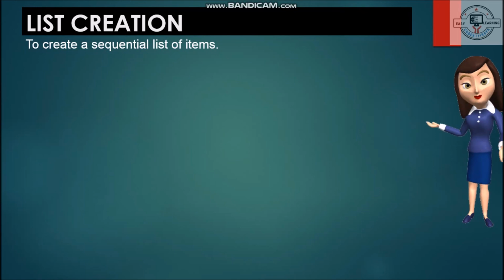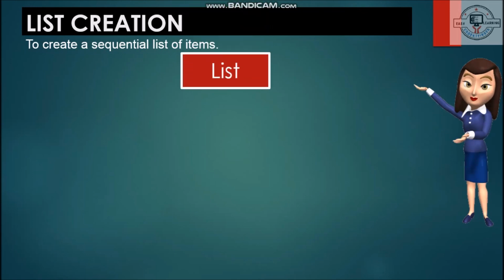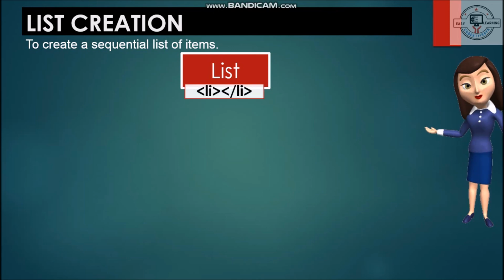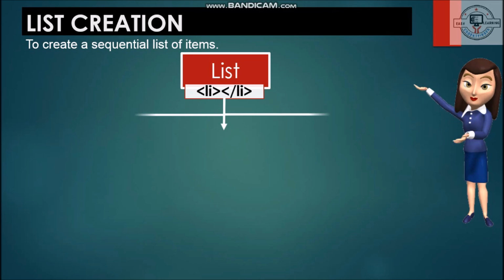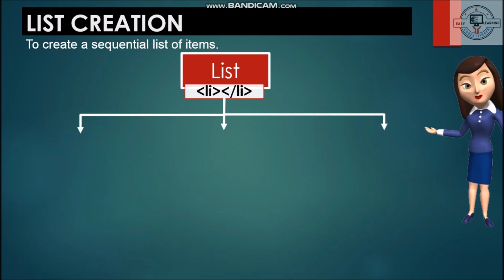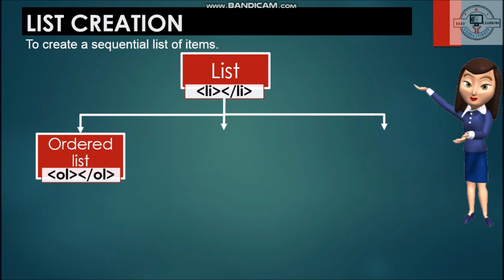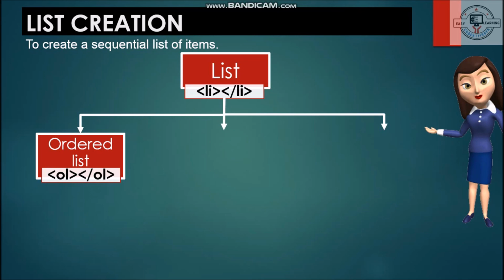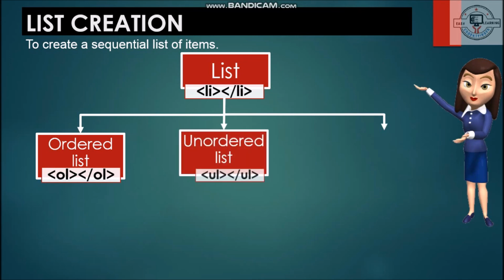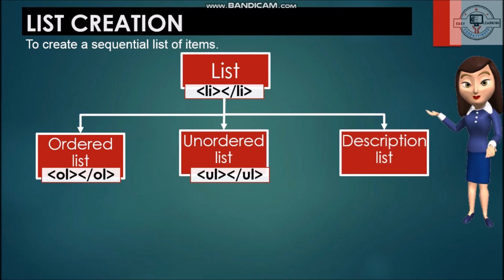Now list creation. To create a sequential list of items, we have to make a list. A list item can be created using the li tag, ending with the li tag. Again, a list can be of different types. Ordered list, and the tag for this is ol. Unordered list, similarly ul.